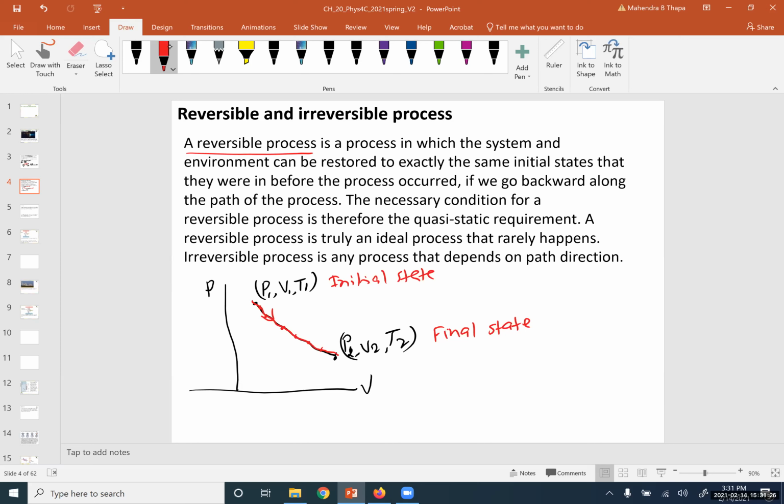But the irreversible process depends on the path. This is the main difference between the reversible and irreversible process.